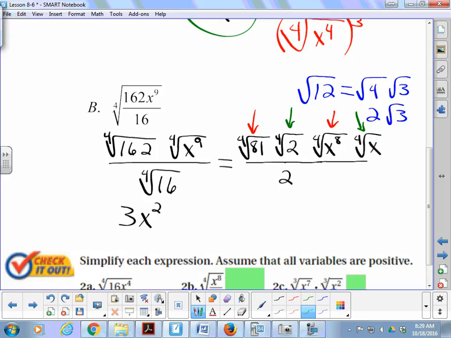So there will be, and I'm going to use parentheses so I don't look at these things wrong, the fourth root of 2 and x. And that's divided by 2. All right, so we have to take our time with them, simplify them one by one, and then find our answer.